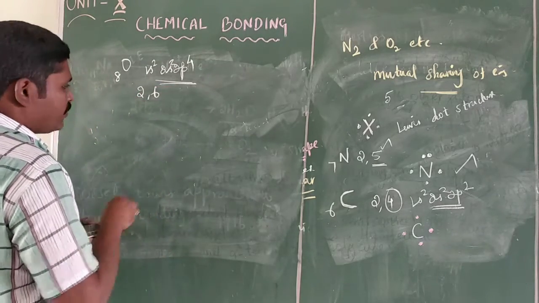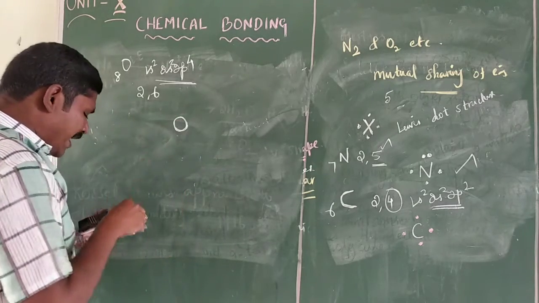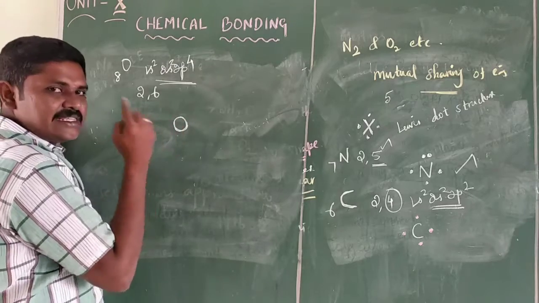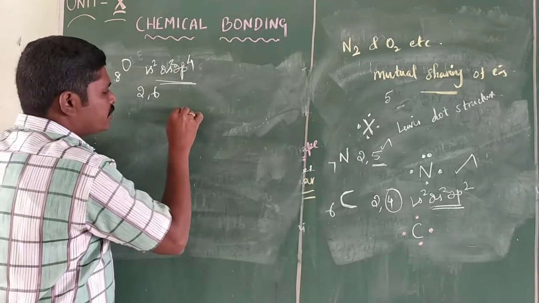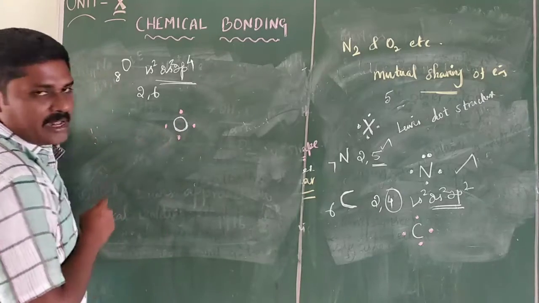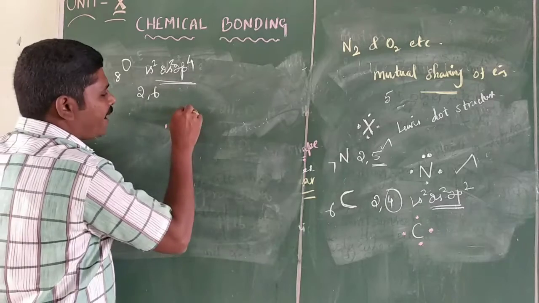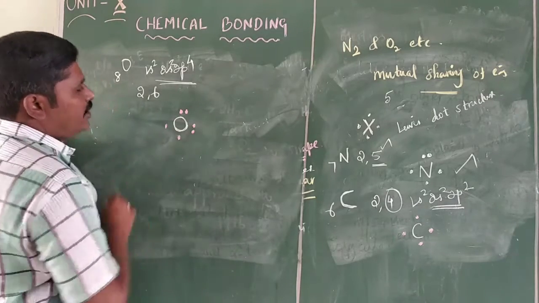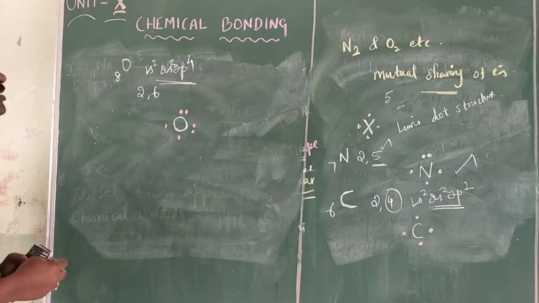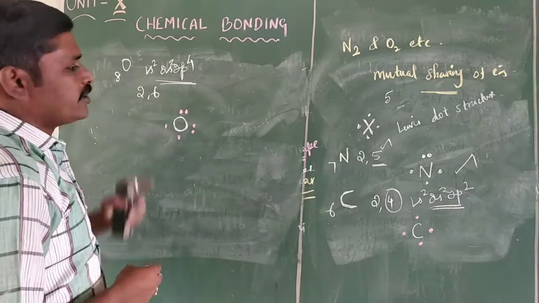So the symbol oxygen O. The first 4 electrons are denoted as single dots in 4 directions of the symbol. The other 2 electrons are paired. So that is the Lewis dot structure of oxygen, right?